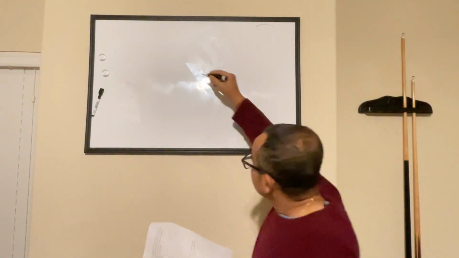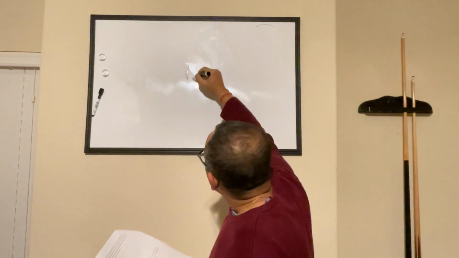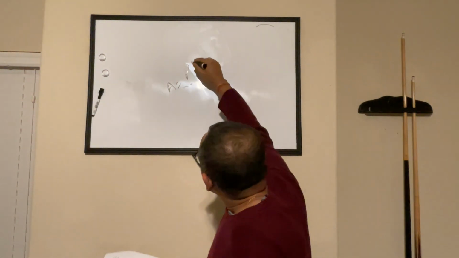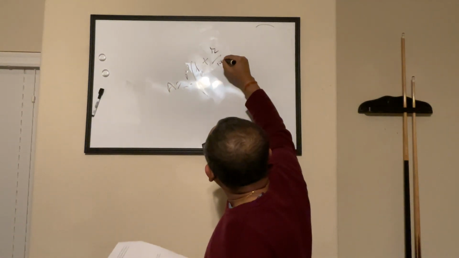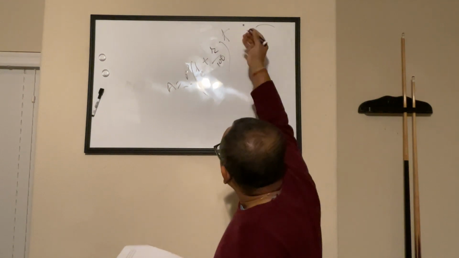C. So basically, it's a reverse of the compound interest thing, right? Principal amount plus R by 100 into the power T, number of months.